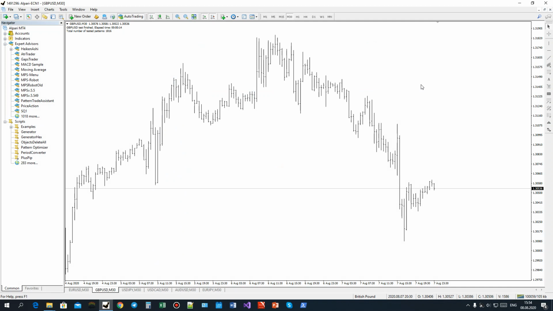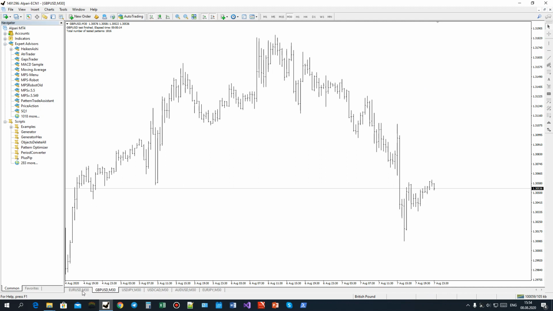Maybe you will print them out and pin them to your wall next to your monitors, next to your screens, to have a look at what patterns should be traded and what patterns should not be traded, based on 100% objective market research. Not based on some books, blah blah blah stuff, when you actually don't know how the backtest was performed. Here in this video you saw everything. Patterns found.